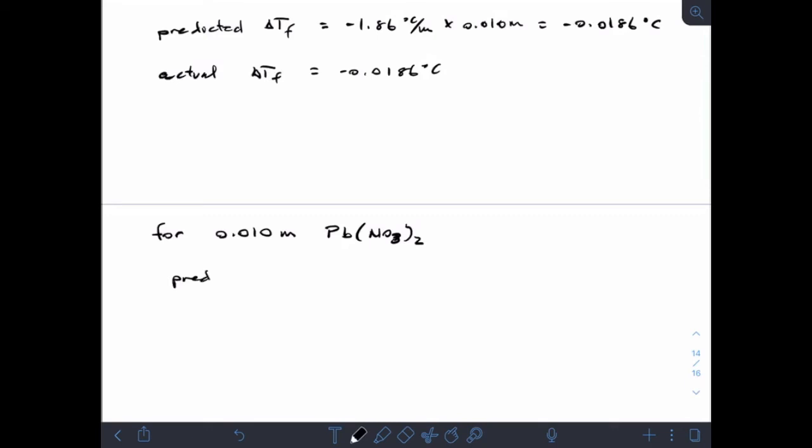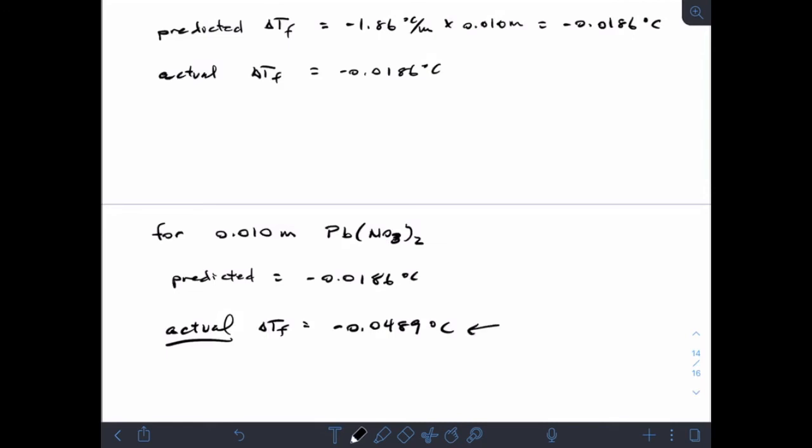The predicted delta TF should be the same as for the acetic acid. But what they found out experimentally, the actual delta TF was negative 0.0489.